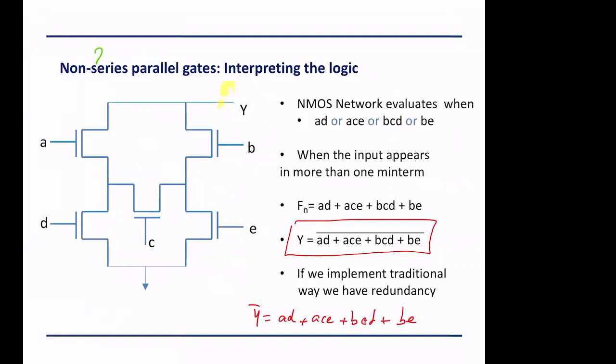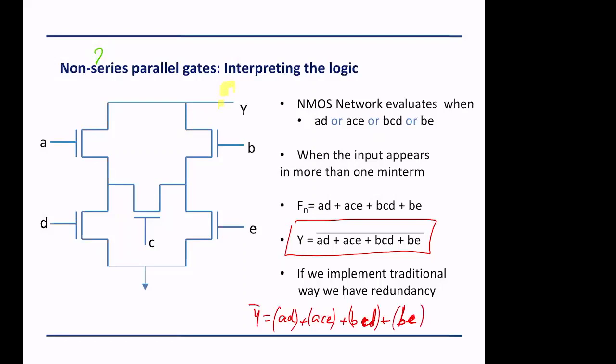If I want to draw it in the series parallel, I cannot treat the inputs as common. What does this look mostly like? It looks like A series with D, right? Parallel to A series with C, series with E. So I have to treat this as if all the inputs are different.